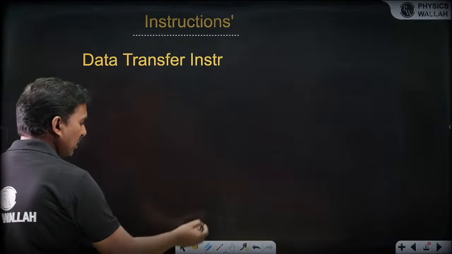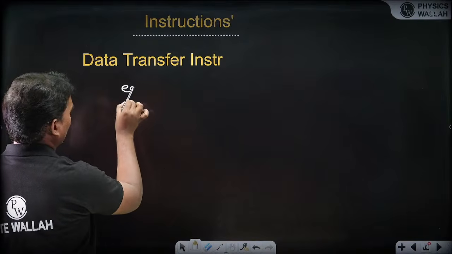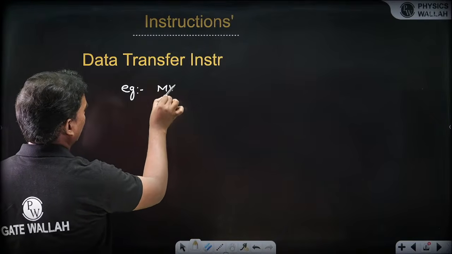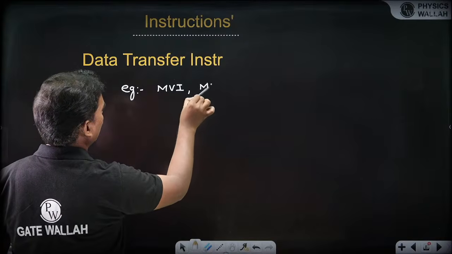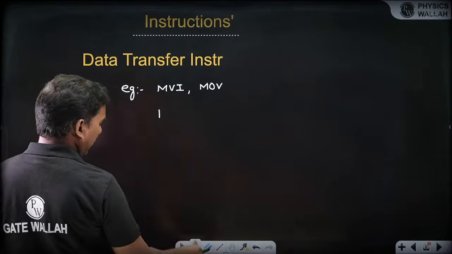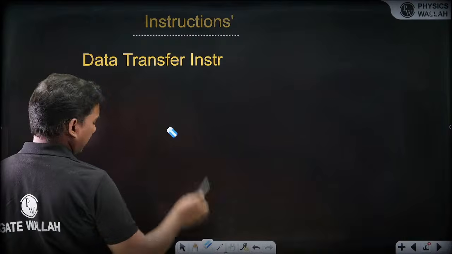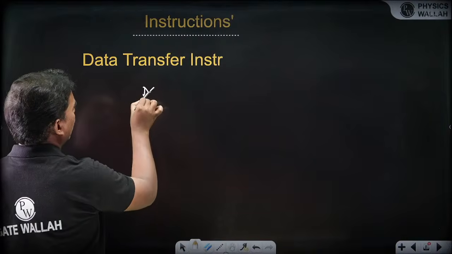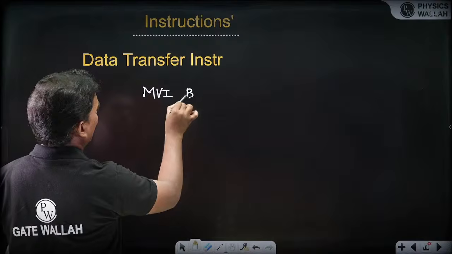Under the data transfer instructions, we can take examples like MVI, MOV, move. I can write MVI B comma 22.